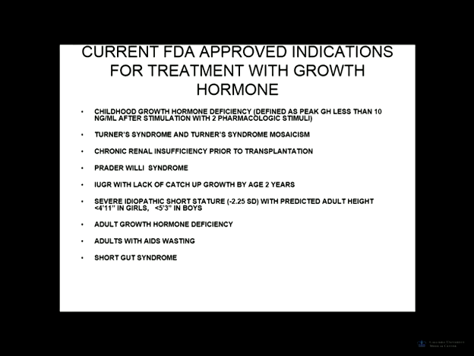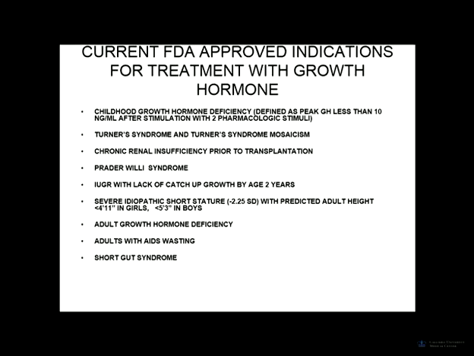Severe idiopathic short stature with poor predicted heights in girls and boys. That is a can of worms. That is a mess in terms of reimbursement, in terms of whether or not it's really necessary, in terms of the genetic environment that the child comes from, in terms of the part of the world that the child comes from. That's a category that I personally hate.